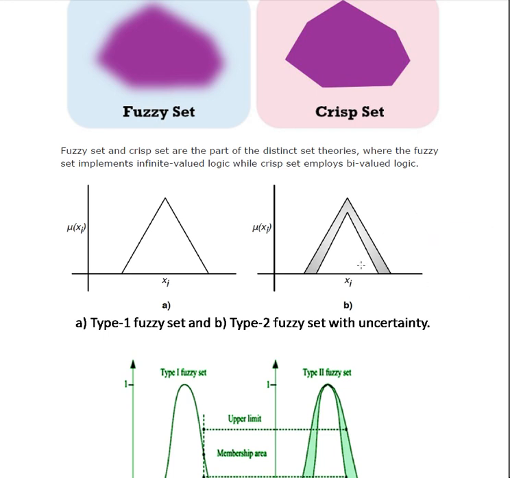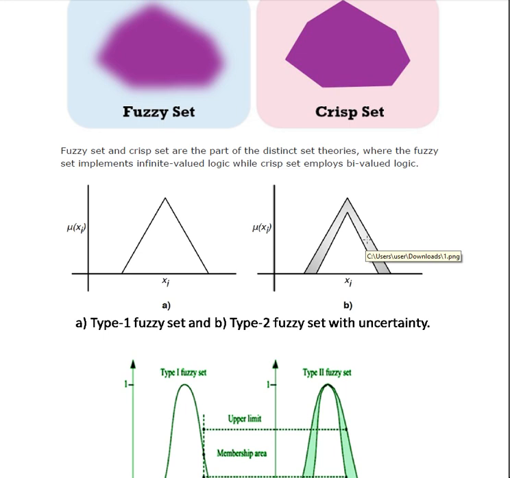The type 2 fuzzy set reduces the type 1 fuzzy set uncertainty to a large extent, which is analogous to probability reducing unpredictability or uncertainty and vagueness situations. So that's how the type 2 fuzzy set has been developed.